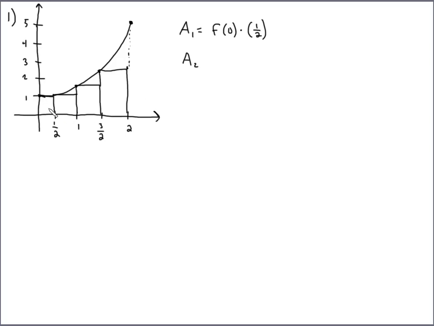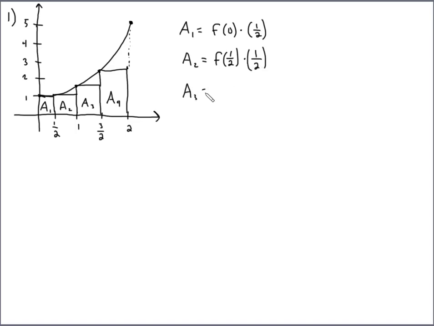Second area, we can actually go ahead and label these. This is area 1, area 2, area 3, area 4, and we're just going to add them all up. The second area has height f of the left endpoint of the second subinterval, which is 1/2, so f of 1/2. Multiply that by the width of the subinterval, which is 1/2 also.